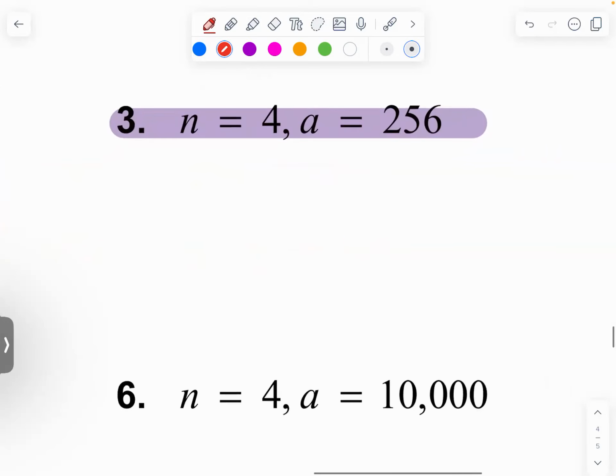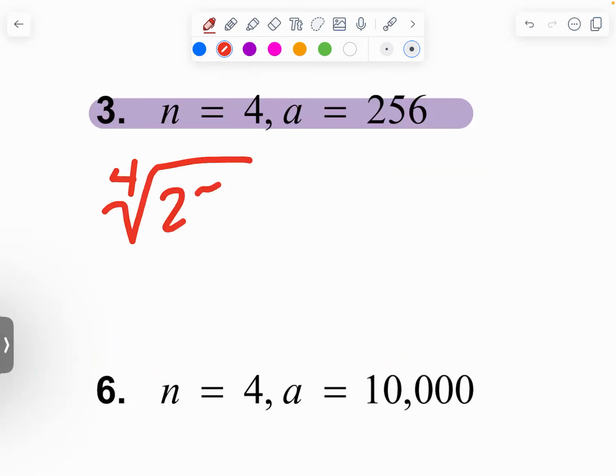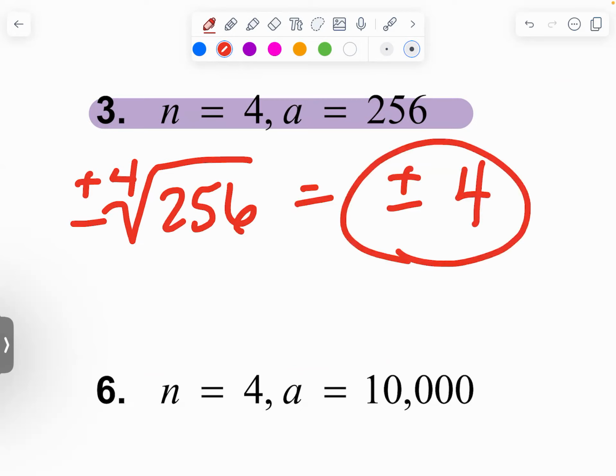Now, in number 3, I'm asking you for the fourth roots of 256. What numbers to the fourth equal 256? 4 and negative 4. How do you get 4? So you have to figure out what number to the fourth power.